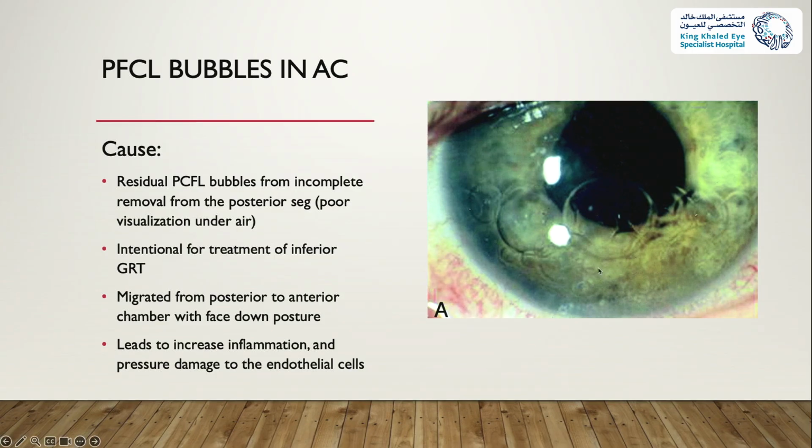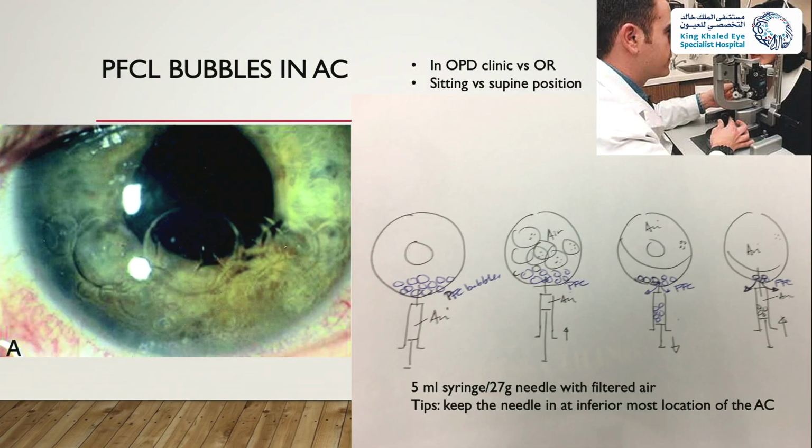And in addition, because it's heavier than fluid, right? Even though we are retinal surgeons, we still need to take care of the eye and respect our cornea colleagues, because that will put pressure on the endothelial cells and will damage the endothelial cells, and it's not good for the eye in the long run. So we should find a way to remove them and not leave it in the eye for too long.